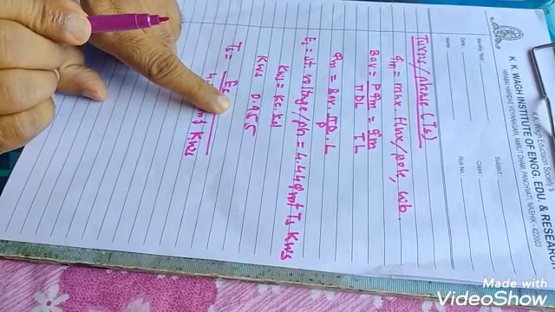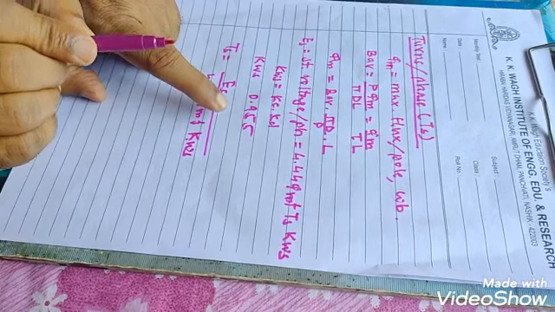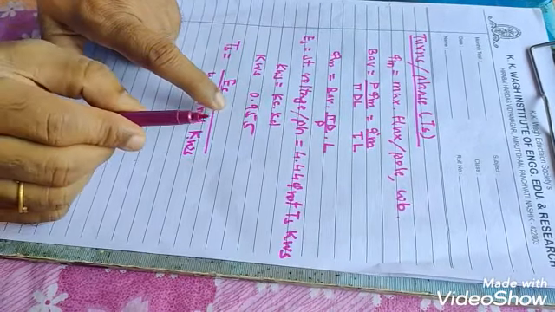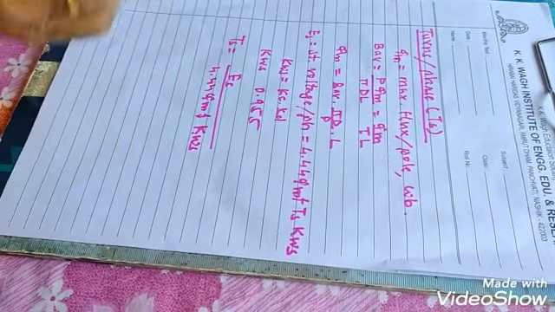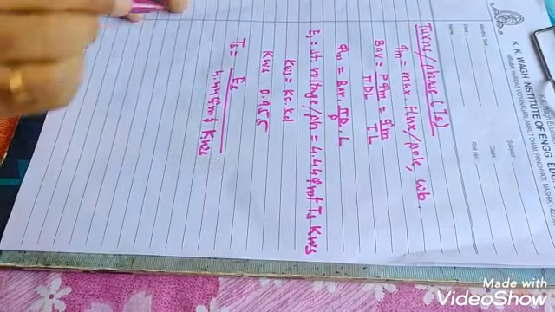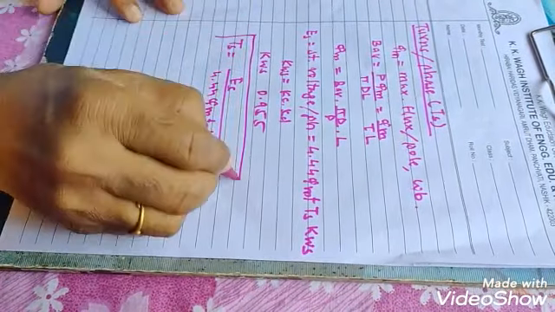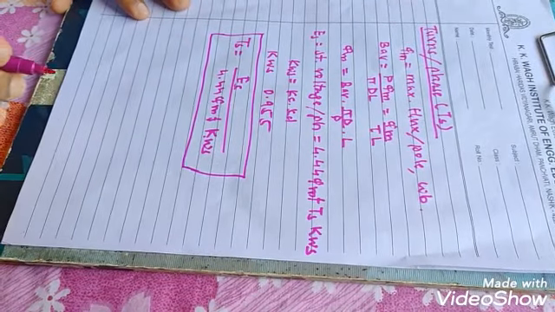If the stator winding is star connected, then ES is equal to line voltage divided by root 3, and if it is delta connected, then ES per phase is equal to line voltage. So this way you can calculate turns per phase in the stator winding.